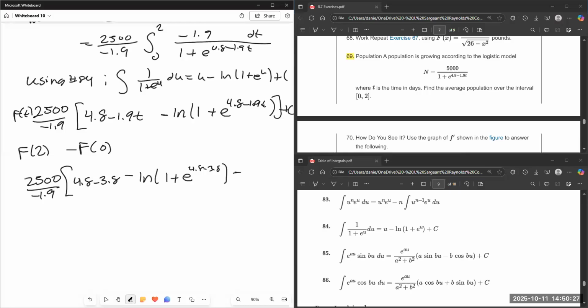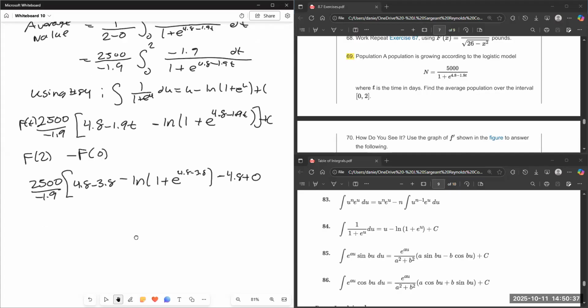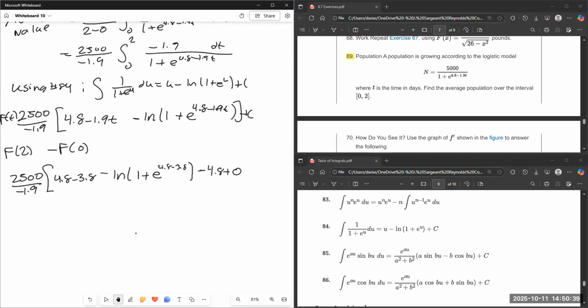minus 4.8 plus 0 plus ln of 1 plus e to the 4.8, all of that times this constant multiplier out here.